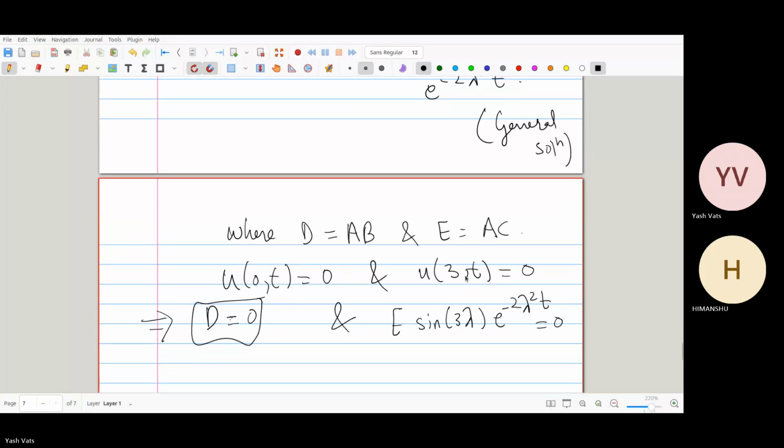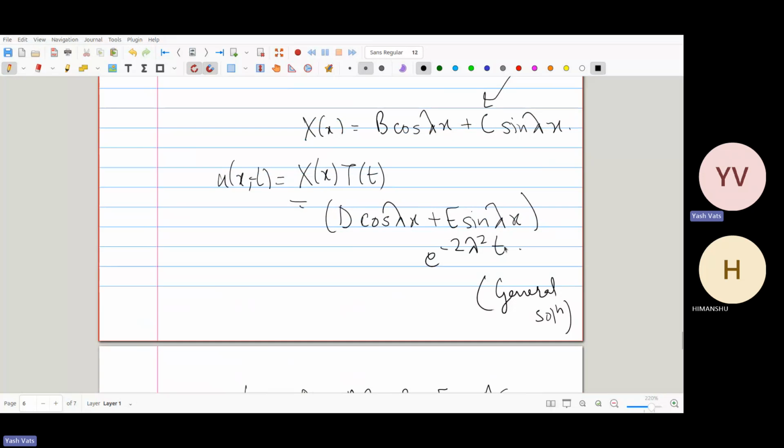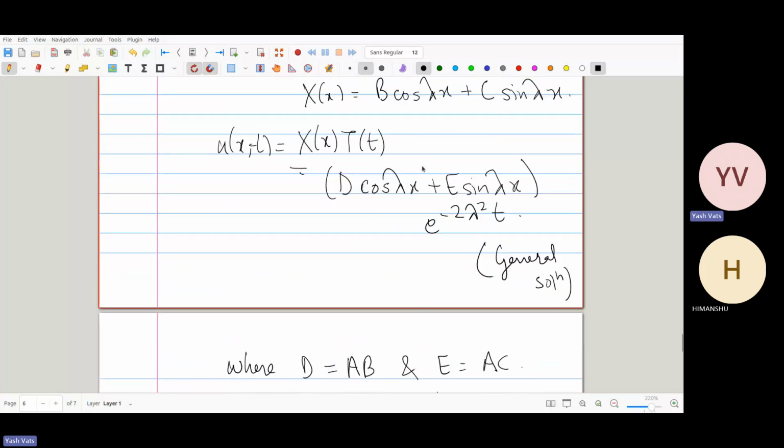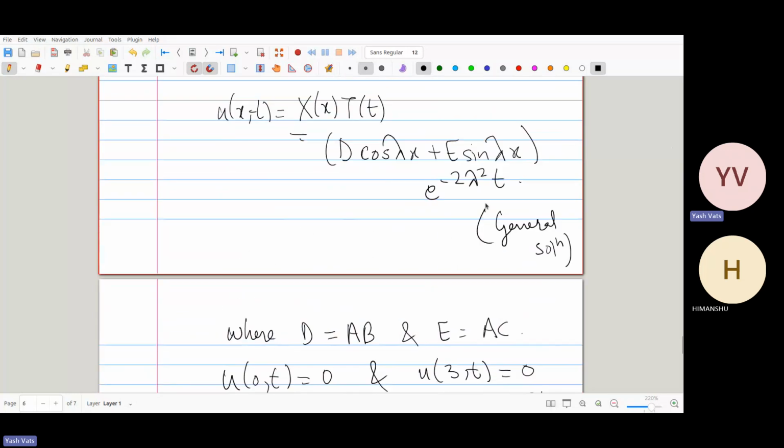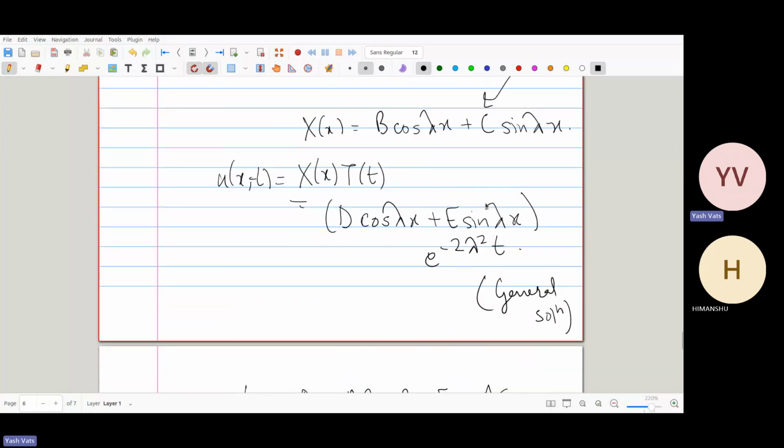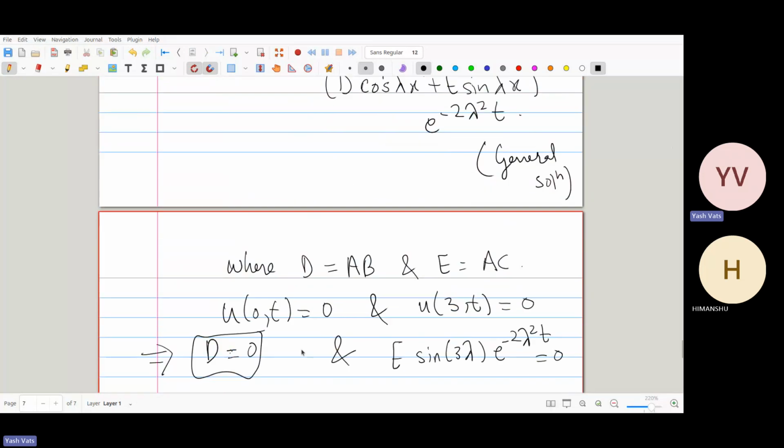Okay, so you cannot say that e is 0, because then your general solution would be 0 in this case. If e is 0, then it is just t cos(lambda x) and d is already 0.